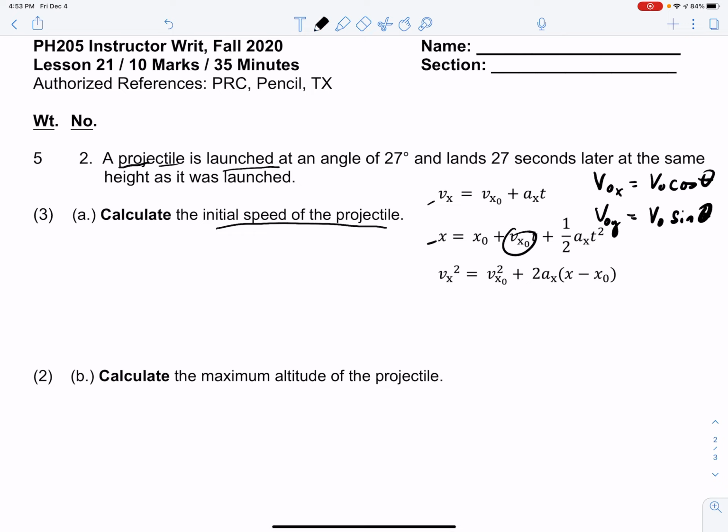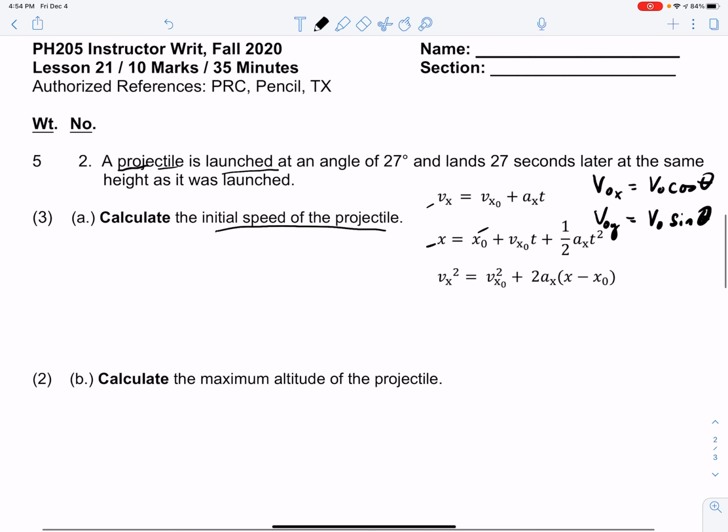Actually, there's only one, and it's this one, right here. This one right here is a perfect one. The reason why it's perfect is because it tells you, okay, so if you have the initial height and you have the final height and you have the time and the acceleration, you can definitely solve for the velocity.